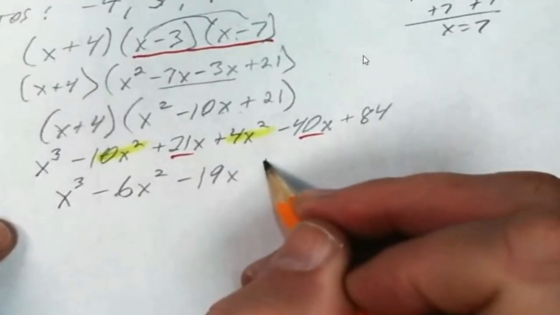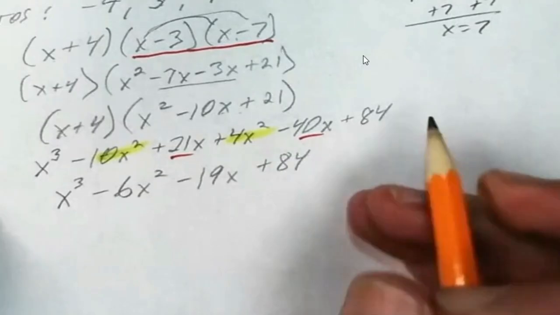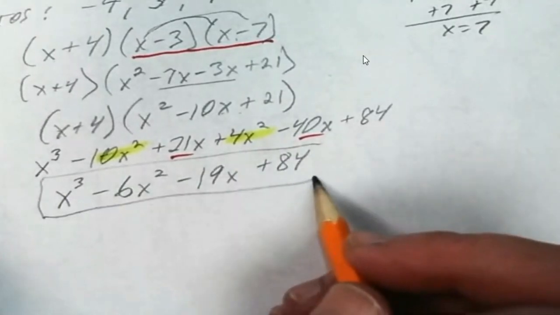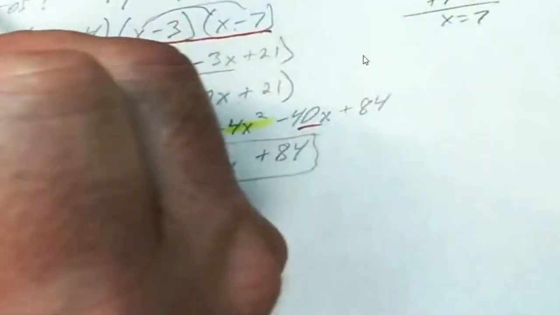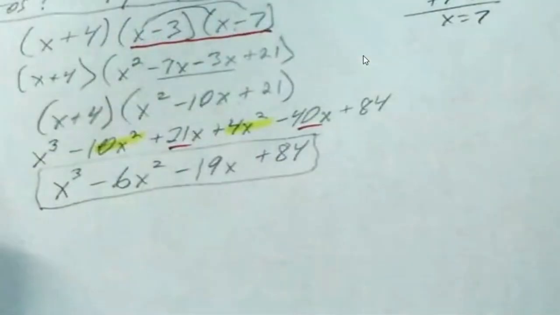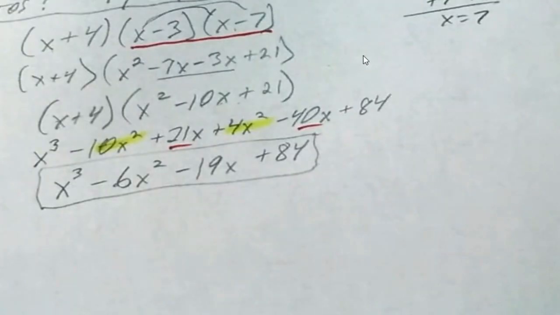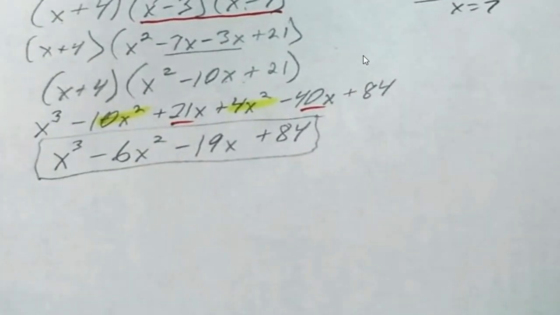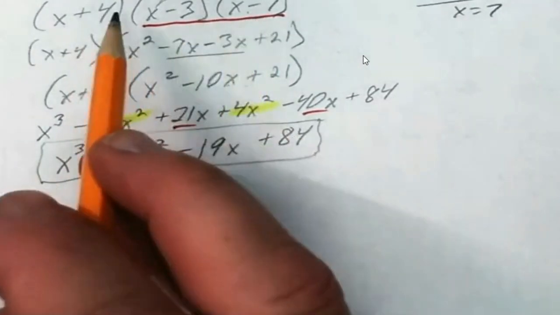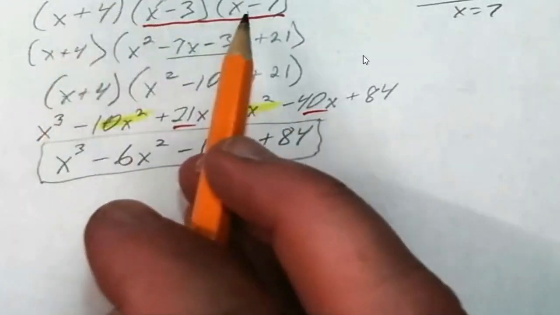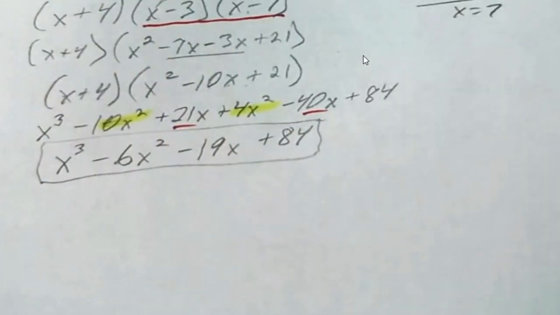And then we have an 84. This is a polynomial that has the zeros of negative 4, positive 3, and positive 7. So we simply write down the three factors that have those zeros and then just multiply them together. And that'll give us the polynomial they're looking for.